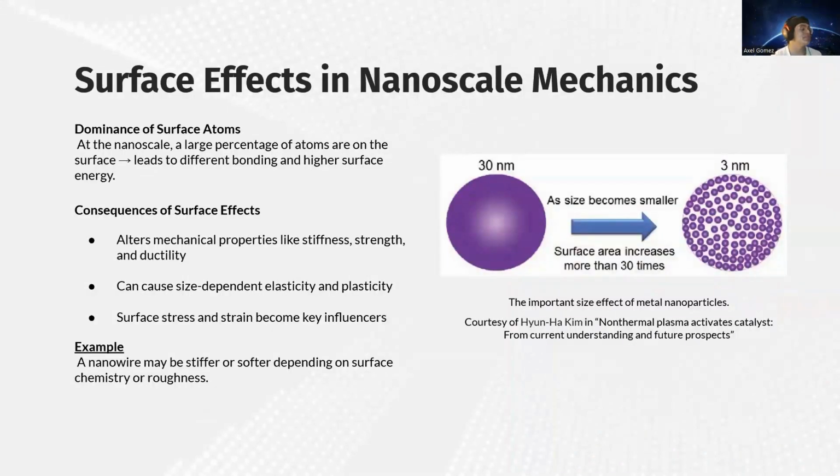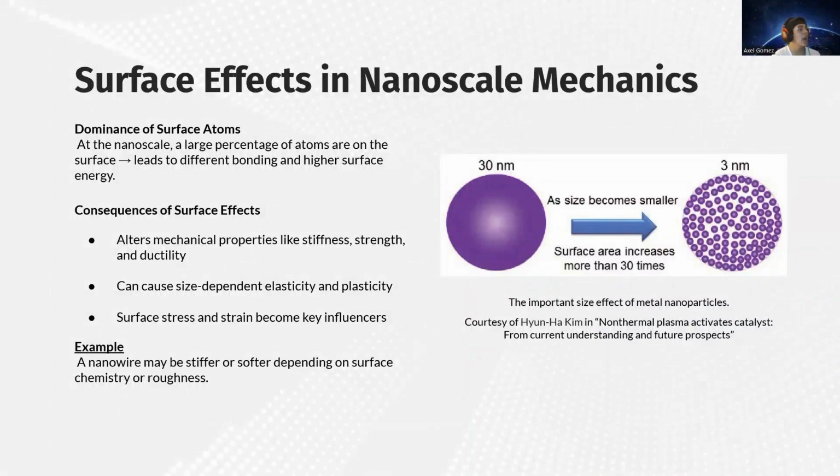One of the biggest reasons nanoscale materials act differently is surface effects. As the structures shrink, a greater percentage of atoms are on the surface rather than inside the material. This results in much higher surface energy, and it starts influencing stiffness, strength, and even how the material deforms.